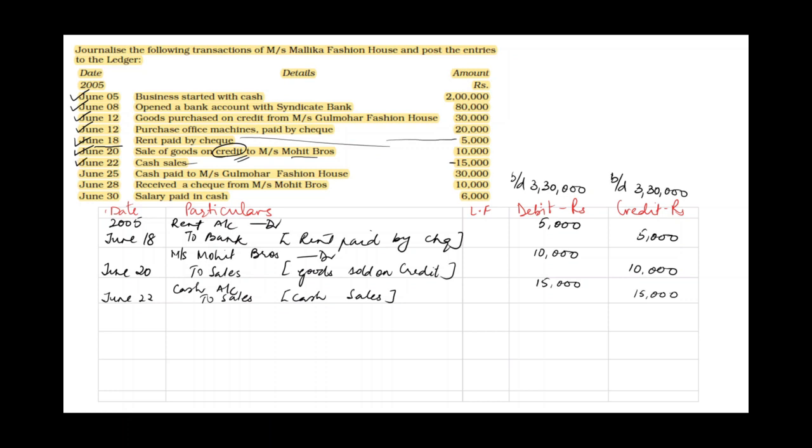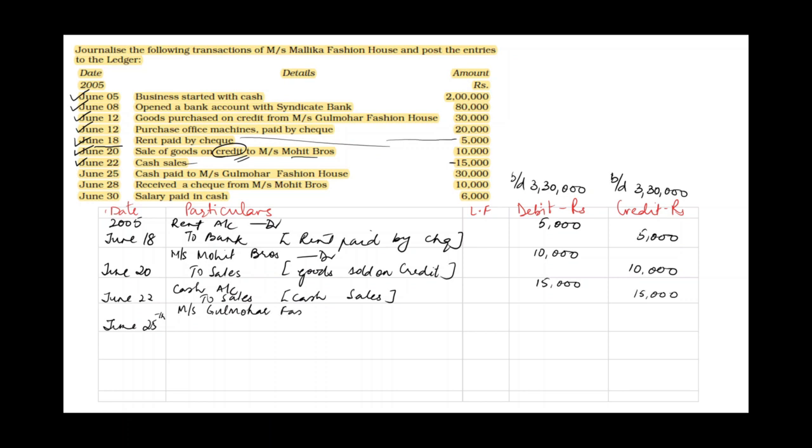Now I go to June 25th. June 25th. It says cash paid to Messrs. Gulmohar Fashion House. Remember, we had bought from Gulmohar Fashion House. So I'm going to pay him. So what goes out? Cash. So I will say debit Messrs.